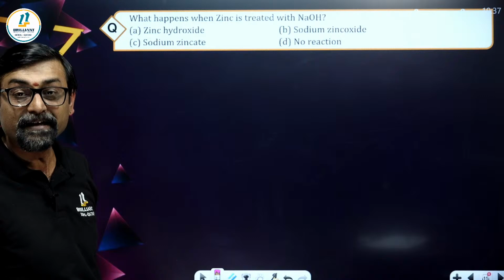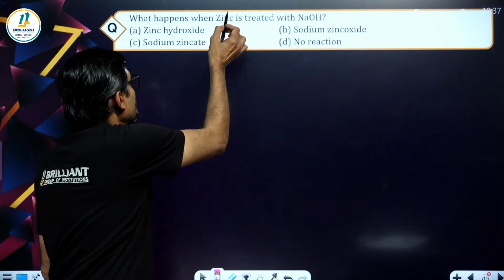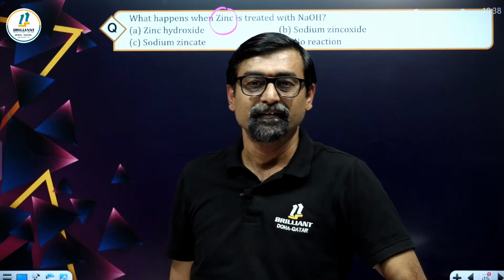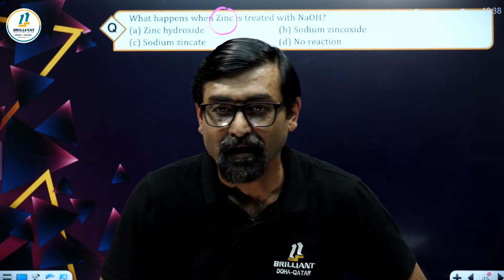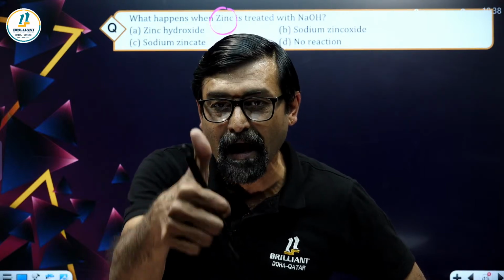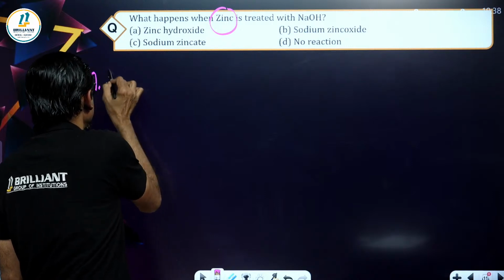So what happens when zinc reacts with sodium hydroxide? What is the role of zinc here? Don't forget, there are two metals, aluminium and zinc. These two metal oxides are amphoteric in nature. We have studied that in acids and bases also.